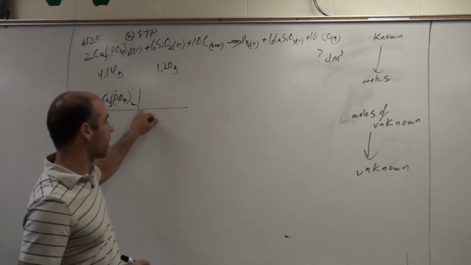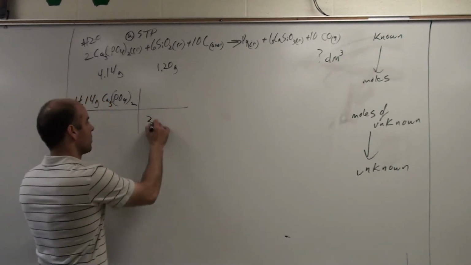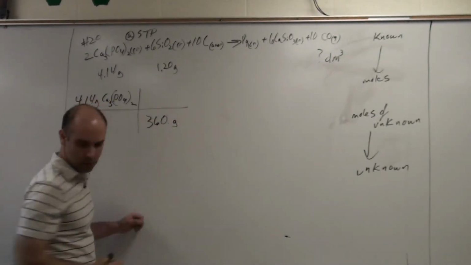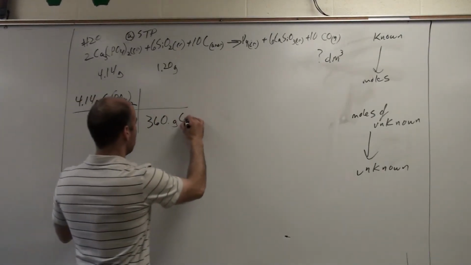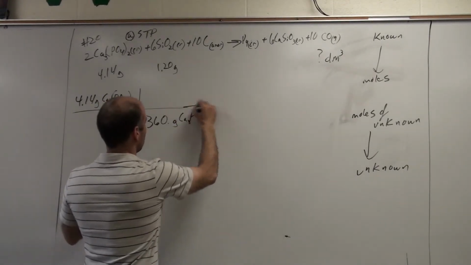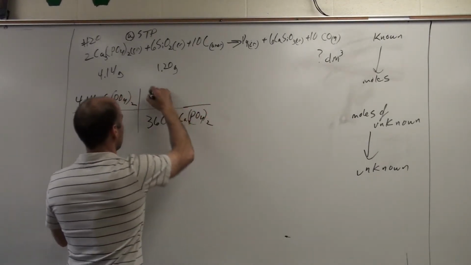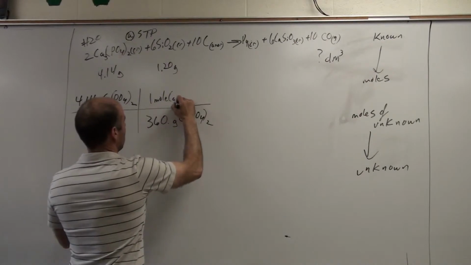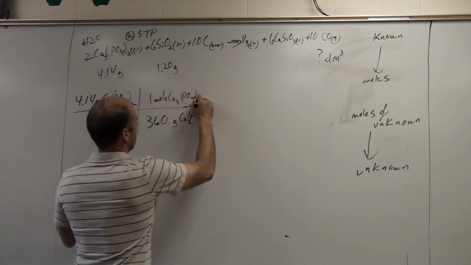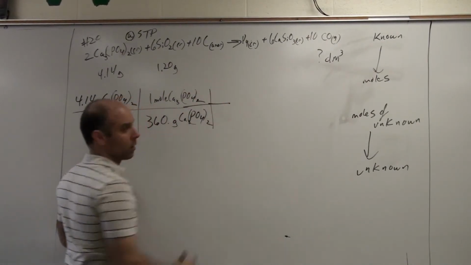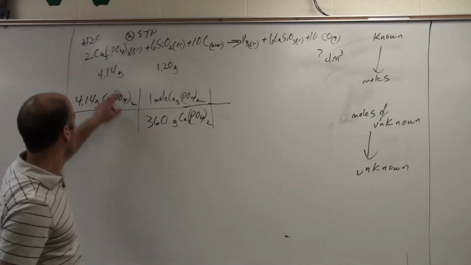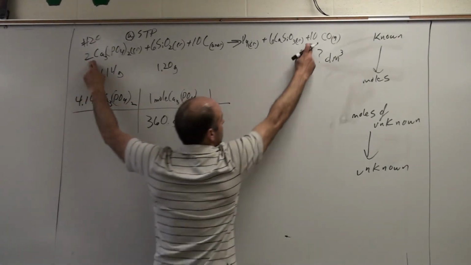The molar mass of calcium phosphate is 360. Then I use the mole ratio, 2 to 10.